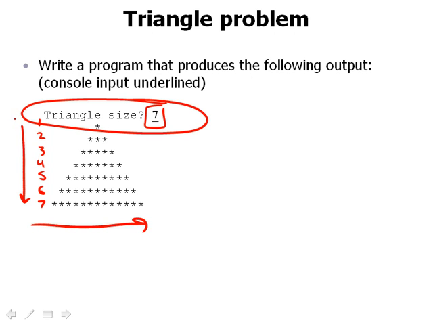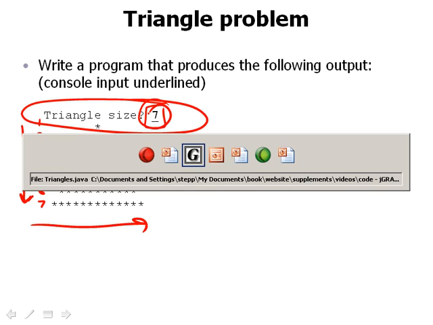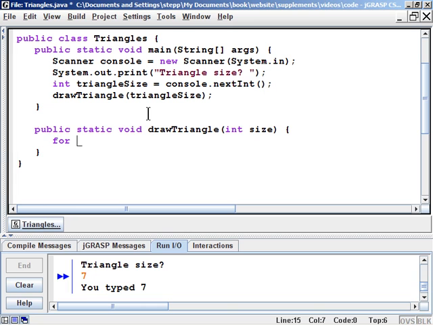And vertically, we're doing one line for each of these 7 numbers here. So basically one line, each up to the value that they passed for the triangle size. And so we'll probably write a piece of code that says something like, for each line from 1 to the size that they pass me, I'm going to print the contents of that line.